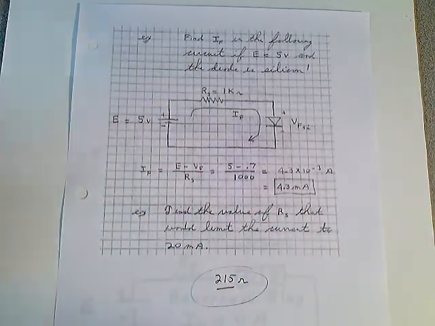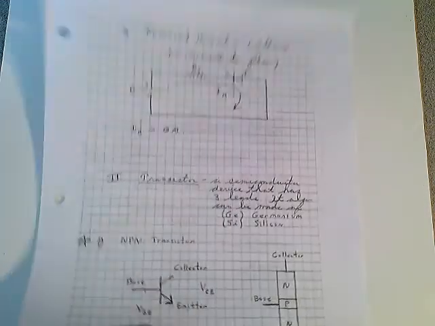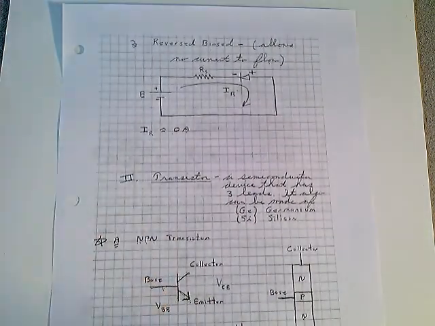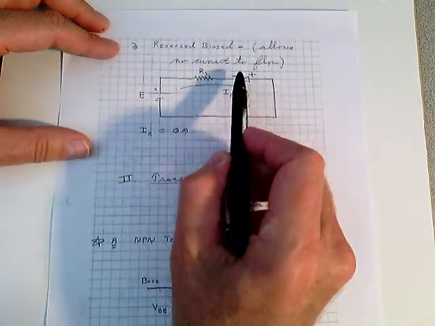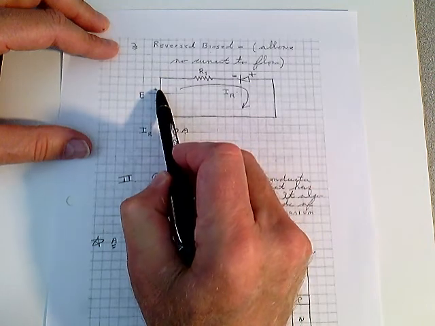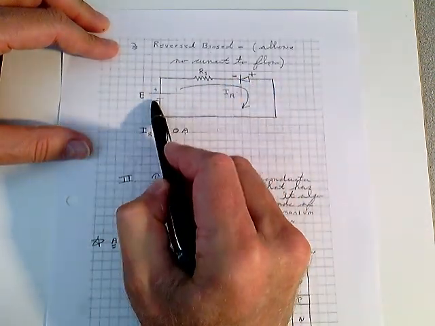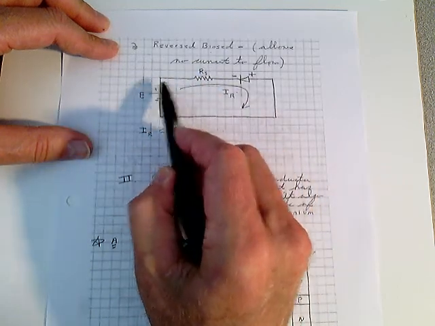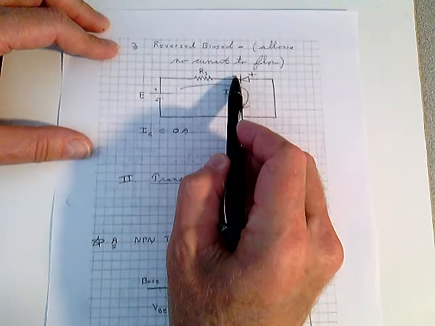Very important. What about in a reversed biased form? In a reversed biased circuit, the diode gets placed so that the negative cathode traces back to the plus side of the battery, and the positive anode traces back to the minus side. And dislike charges will attract one another.